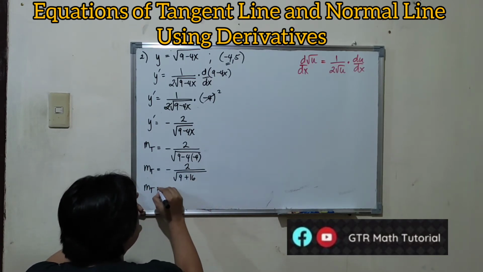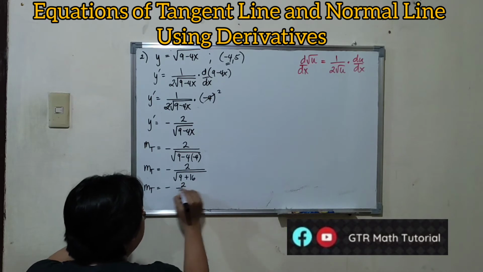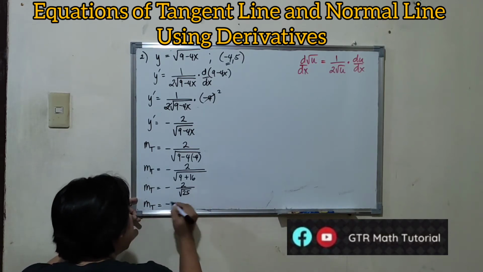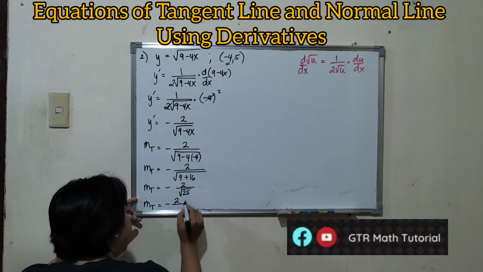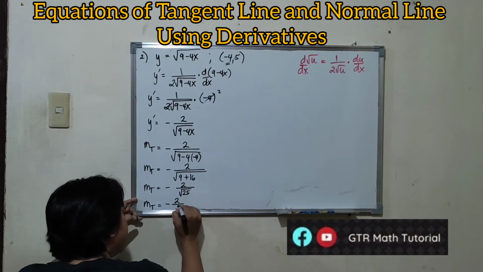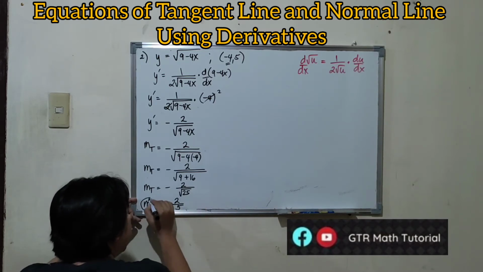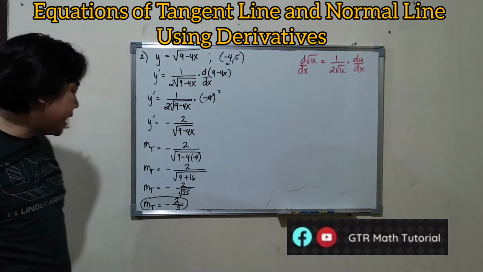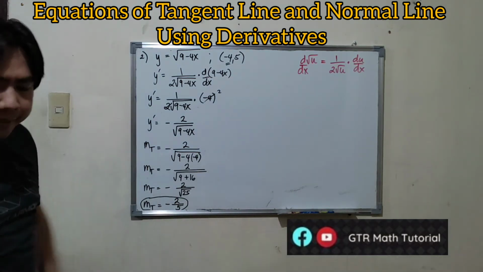So the slope is equal to negative 2 over square root of 25, and the square root of 25 is 5. So that is the slope of the tangent line.